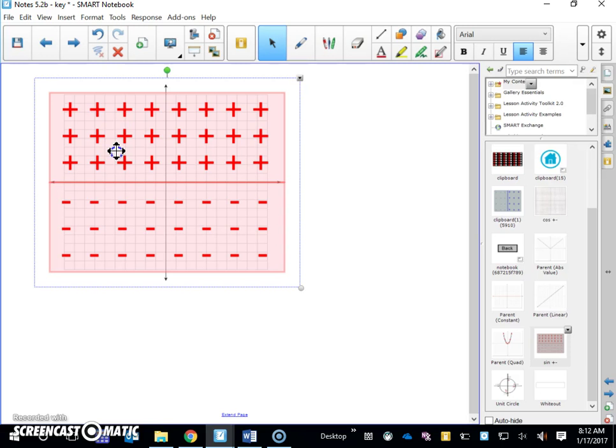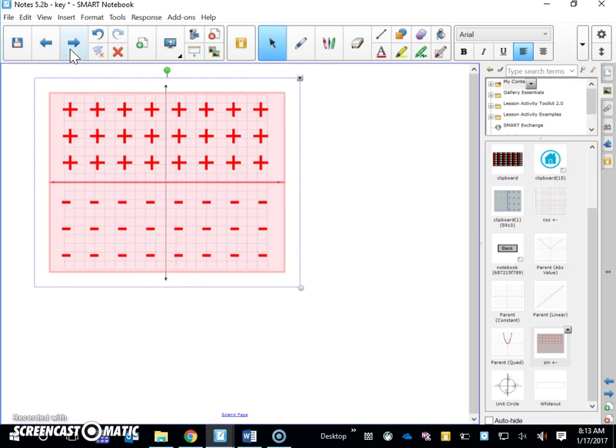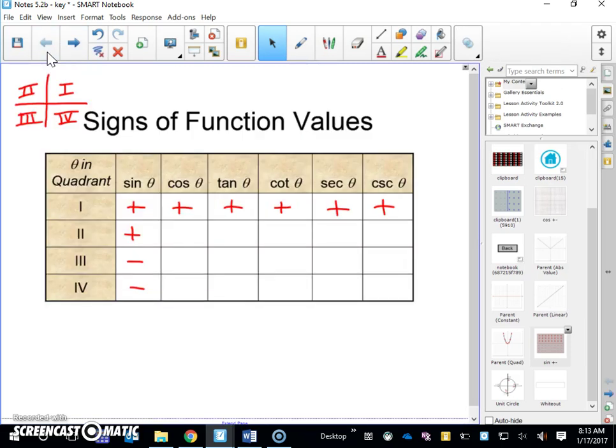So since sine goes with y, and y is positive in quadrants 1 and 2, then I would know sine is positive in quadrants 1 and 2. Therefore, it would be negative in quadrants 3 and 4. And that's kind of how I visualized it when I was in school. I'll show you that and another way later.